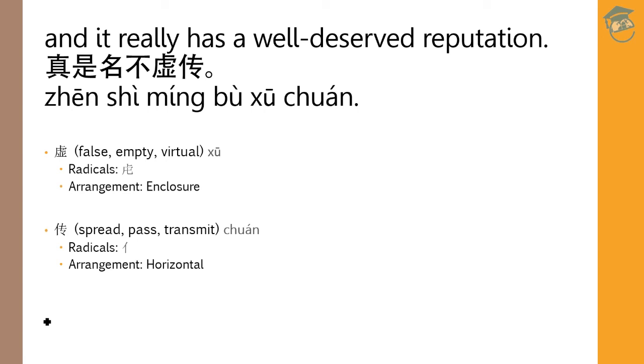Alright, so now you are looking at the first idiom that you are learning. Okay, 名, as you know, it means name. In another word, it can mean reputation. And then 不 is no. Okay, 虚 means false, and then 传 means spread.